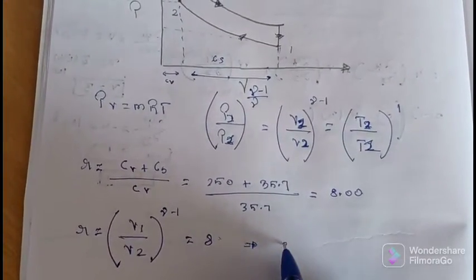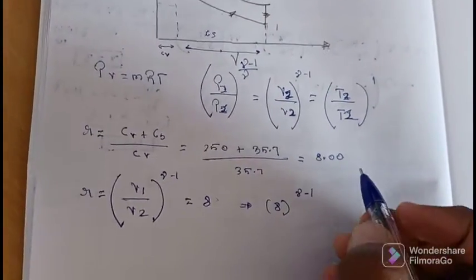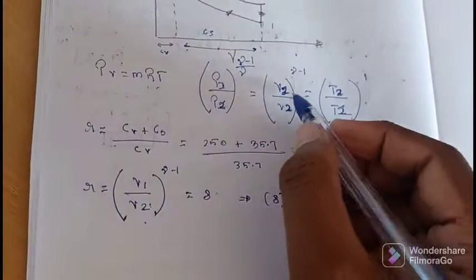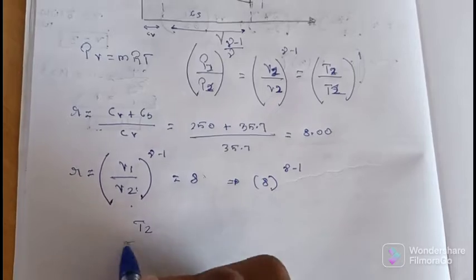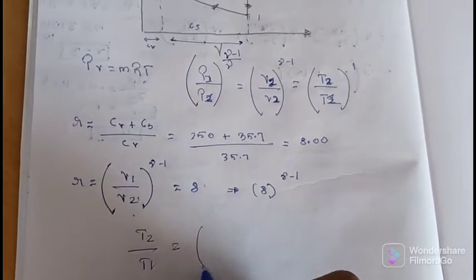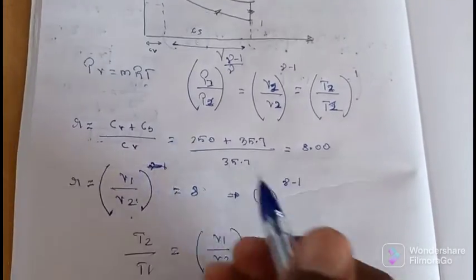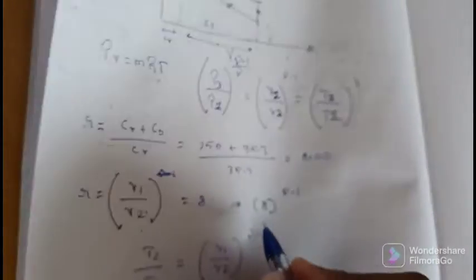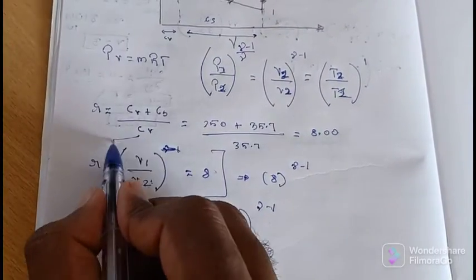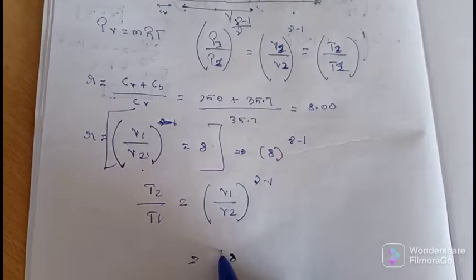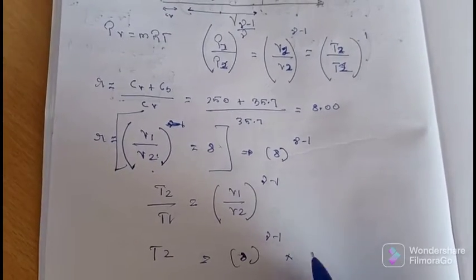V1 by V2 can also be written in temperature format: T2 by T1 is equal to V1 by V2 to the power alpha minus 1. Since V1 by V2 is equal to 8, we write 8 power alpha minus 1 into T1.